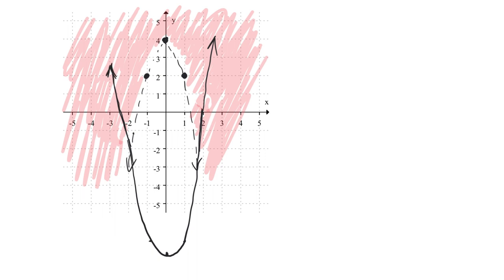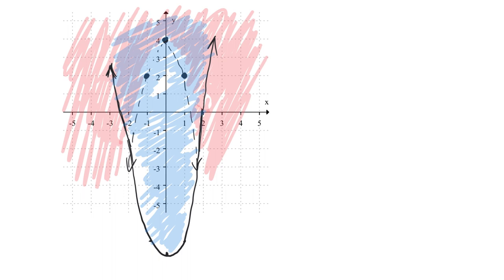So if we shade inside this parabola, like that, the solution set for the system of inequalities is the area that contains both of the shaded regions.